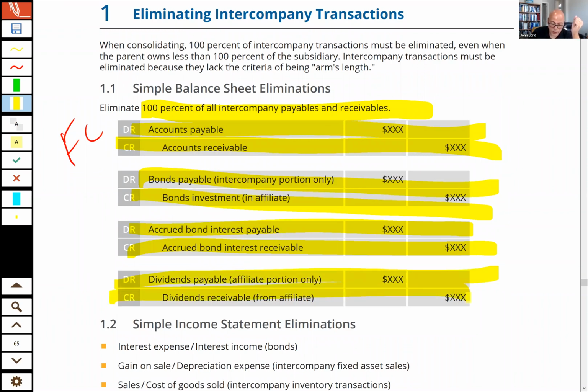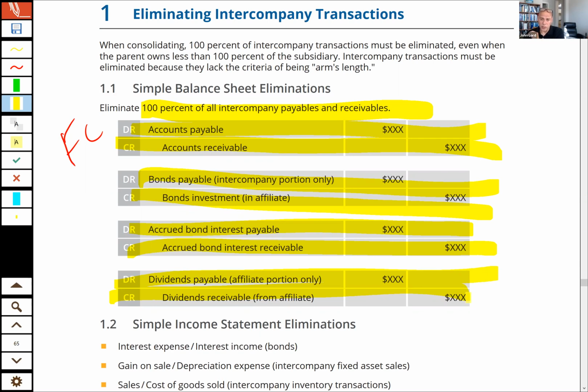Now, be careful with the dividend. We eliminate dividend payable if it is a dividend that's being paid from the subsidiary to the parent. But if we have a non-controlling interest, then the subsidiary would be paying dividends to those outside. We still report that portion of dividend payable.